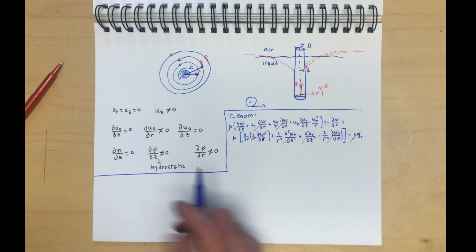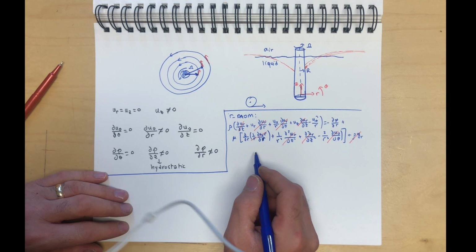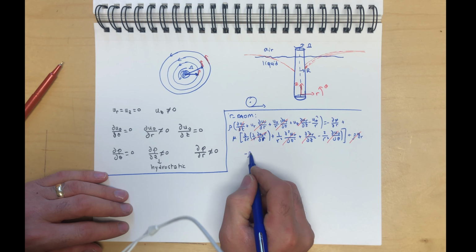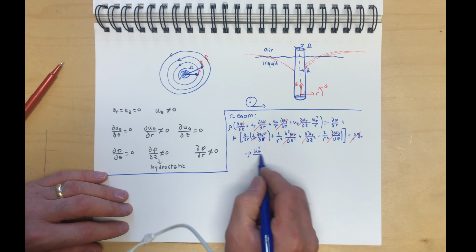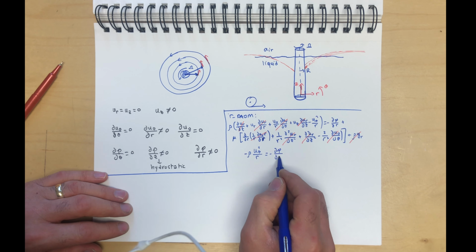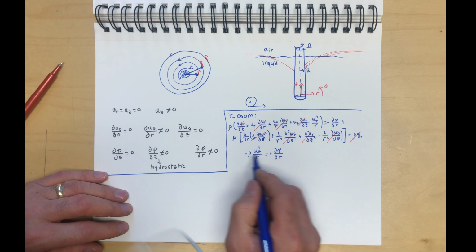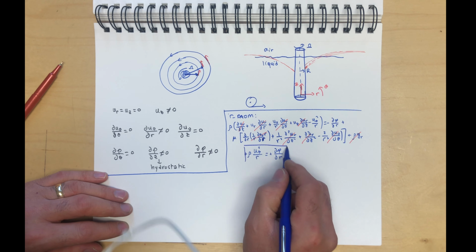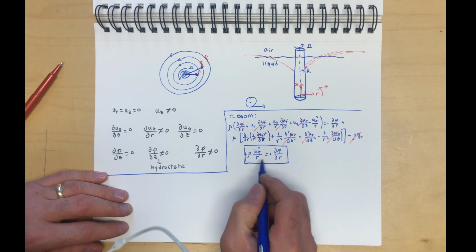We are left with minus rho u theta squared over r equal to minus dp by dr, or dp by dr is equal to rho u theta squared over r.